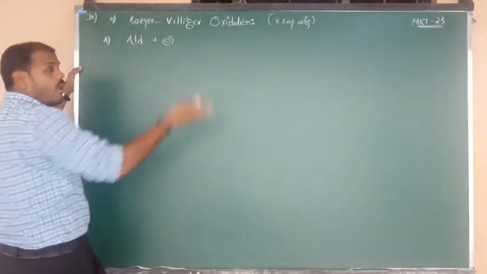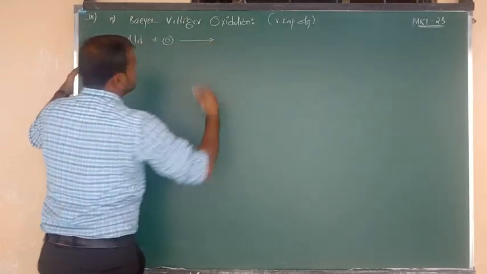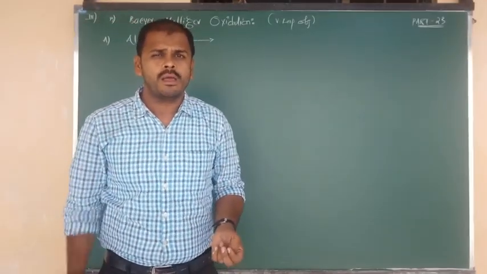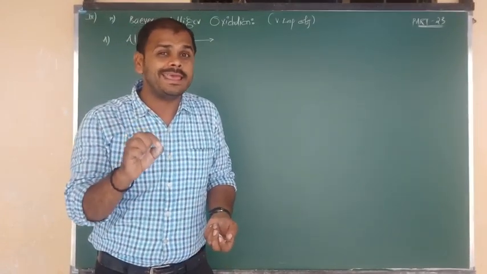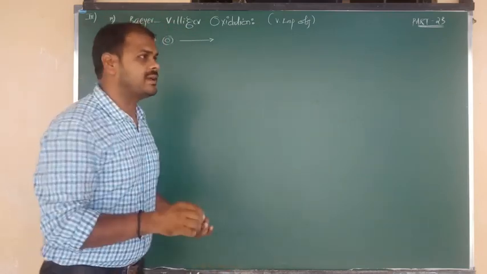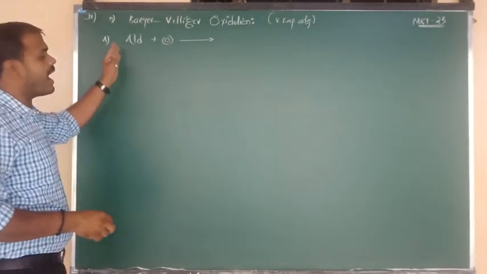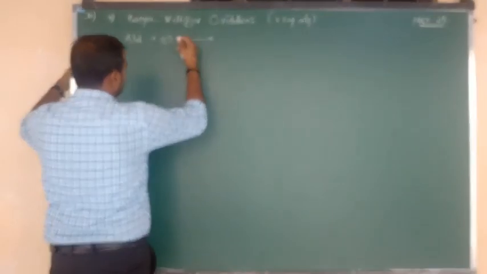Aldehydes upon oxidation, addition of oxygen takes place in the presence of peracids. Sir, how to identify the Baeyer-Villiger oxidation? On the arrow mark, there should be one reagent. The reagent is peracids. That condition should be mentioned on the arrow mark. That is the indicator for Baeyer-Villiger oxidation of aldehydes and ketones.